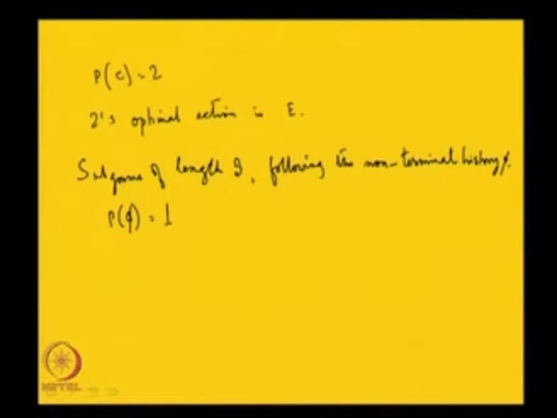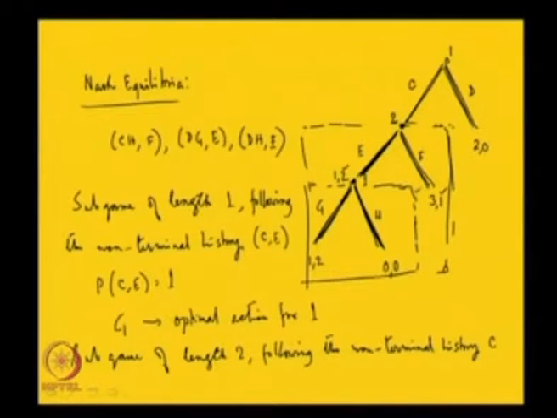It is 1, and 1 depends on the fact that this action and this action are going to be taken by 2 and himself in the subsequent stages. So, the choice is between C and D. If he plays D, he gets 2. If he plays C, then 2 is going to play E, and in the third stage 1 is again going to play G. So, therefore, 1 will choose D.